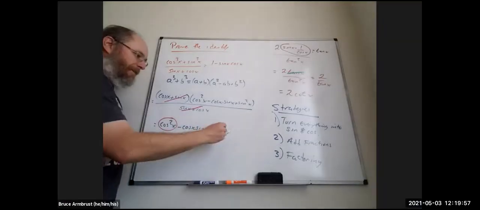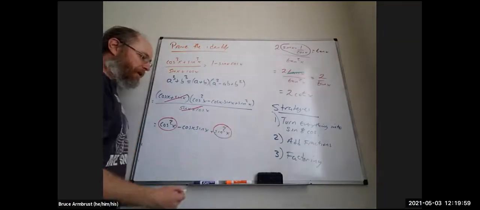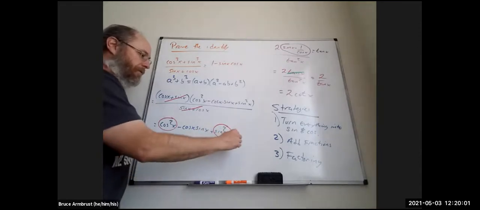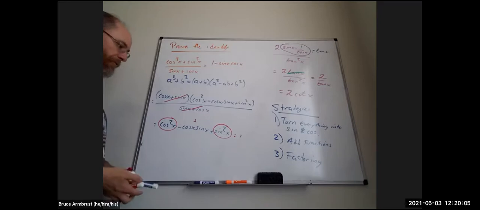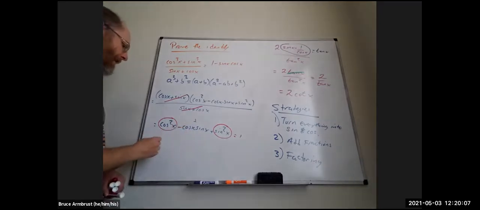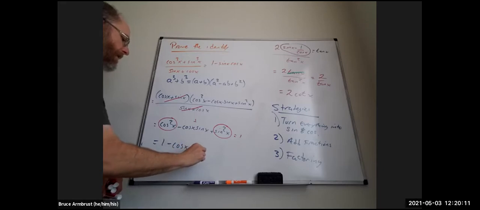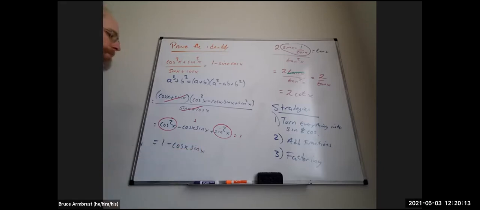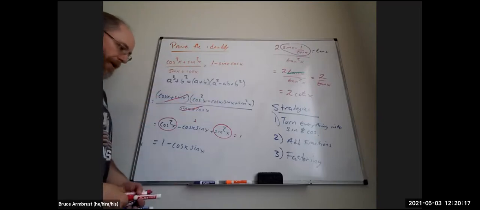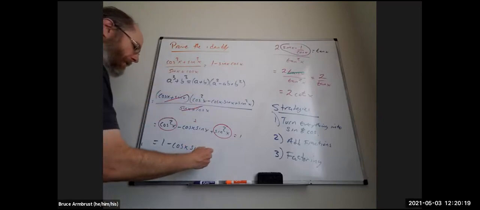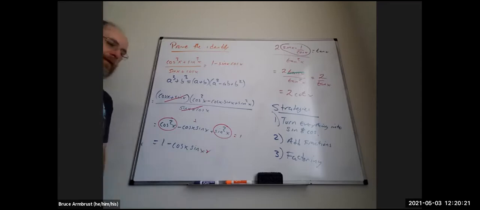They just equal 1. Yeah, this is that Pythagorean identity again. Cosine squared plus sine squared, those equal 1. So when I add those together, I get 1 minus cosine times sine, which is exactly what the other side wanted. So I'm going to put a check mark next to it because we got there.